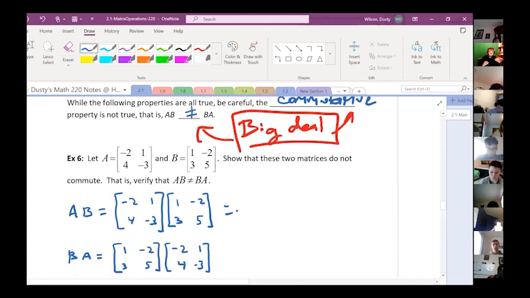Again, I'm doing row times column. So first row times first column using dot products. I think I've got 1. First row times second column, 9 minus 5, minus 23.